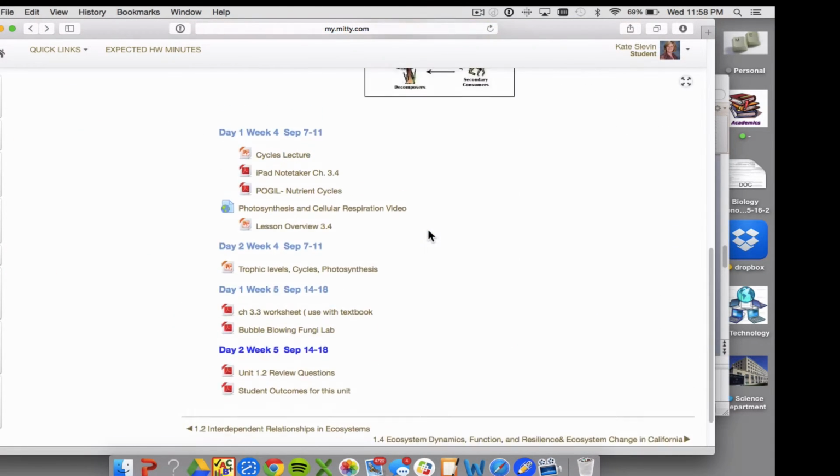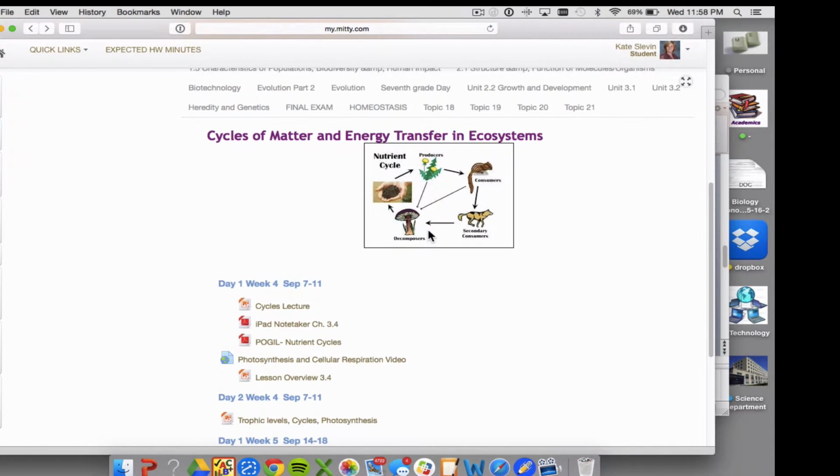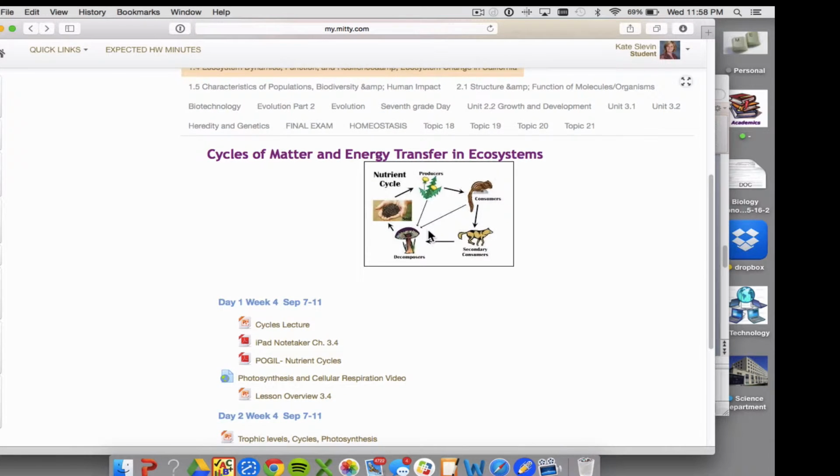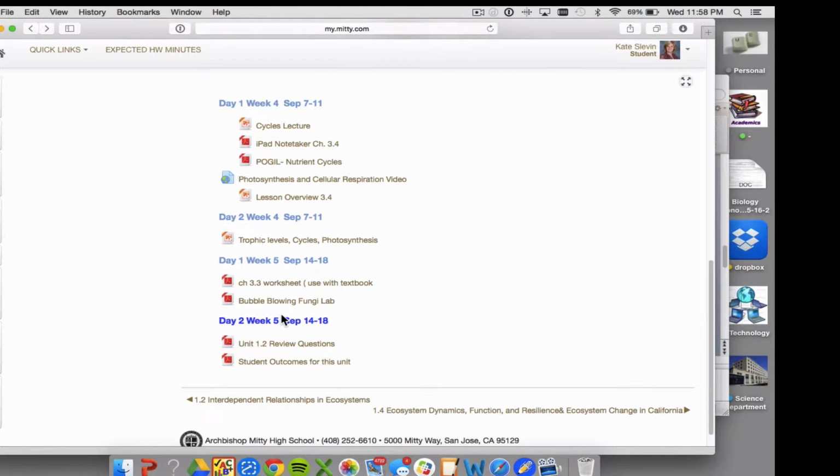Go to the section that says Cycles of Matter, Energy, Transfer and Ecosystems, and look for Day 2, Week 5, right here. You would have been handed out 2 pieces of paper in class today, or you will be. Section 3.2 Note Taker.